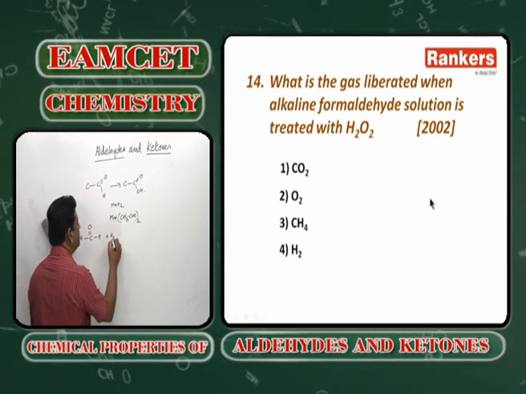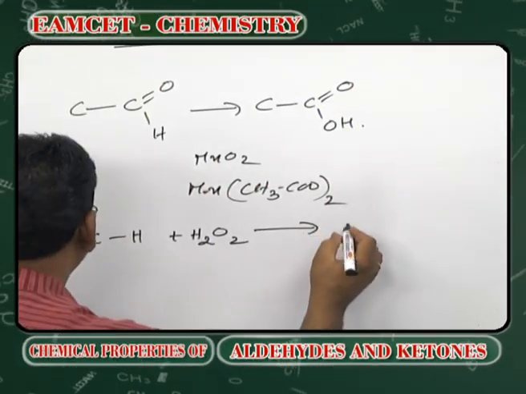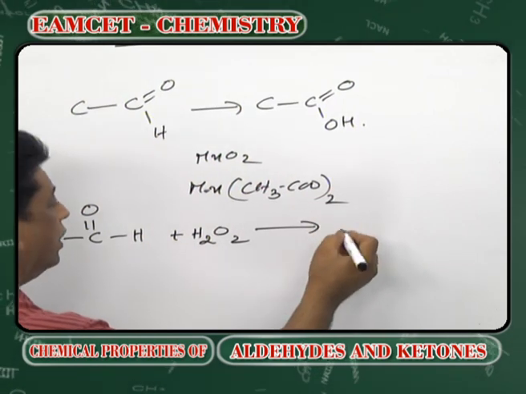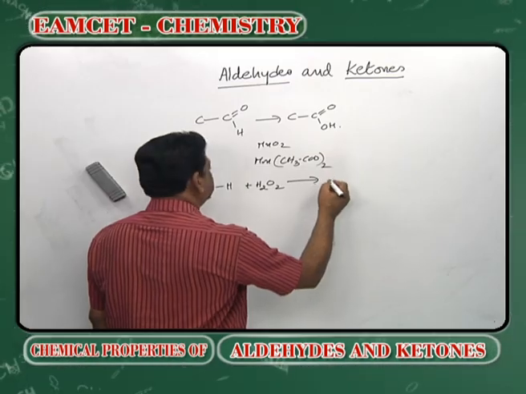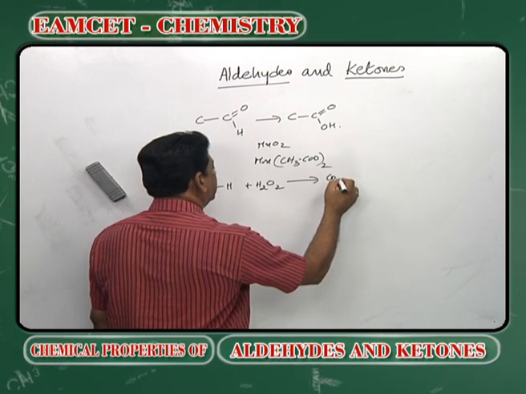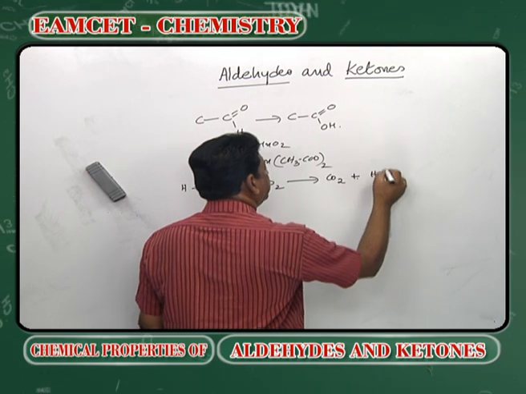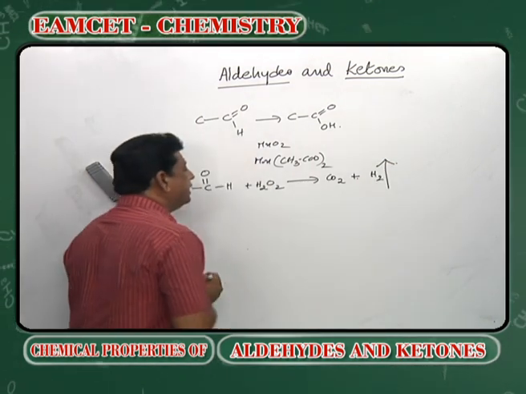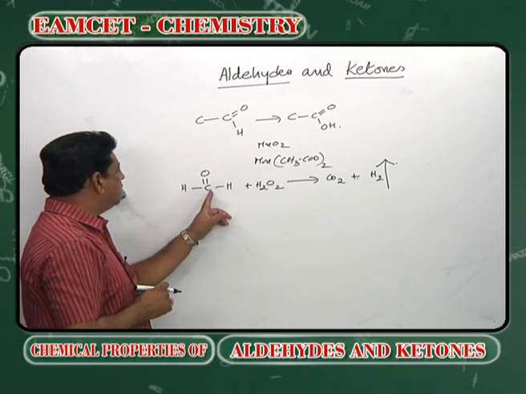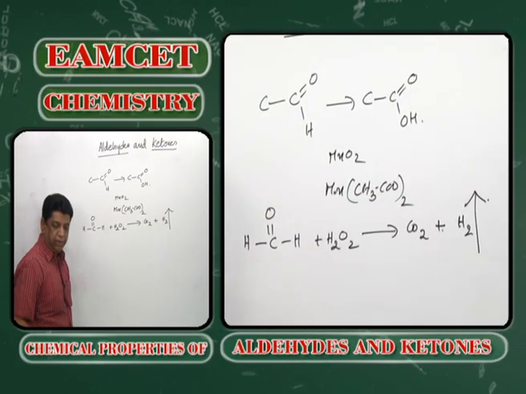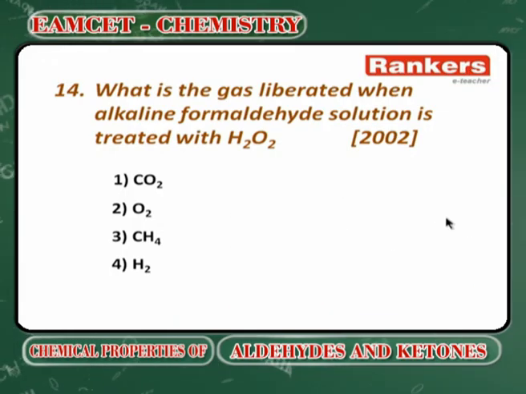When hydrogen peroxide is added, it undergoes oxidation and liberates the oxygen, that is carbon dioxide is formed and hydrogen gas is liberated. So O is absorbed here and the hydrogen gas is liberated, that is the answer. Hydrogen, that is answer 4, is the right answer.